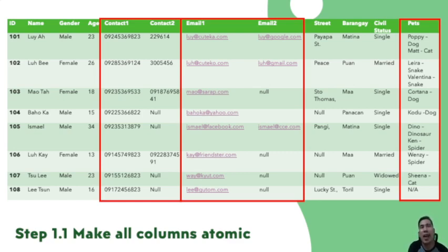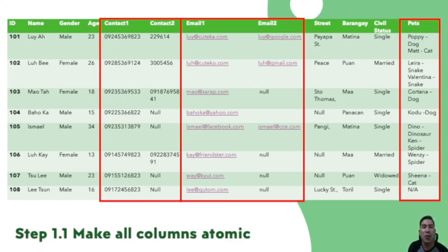So let's say he has Tok and Text, he has Globe, he has DITO, and he has TM, or even he probably has a PLDT contact number or something like that. Or I, for myself, personally, I have a lot of emails. I have personal emails, work emails, and other emails for other business purposes.